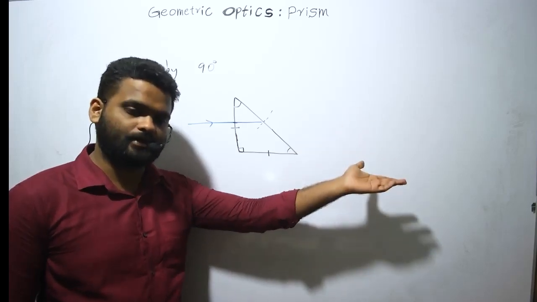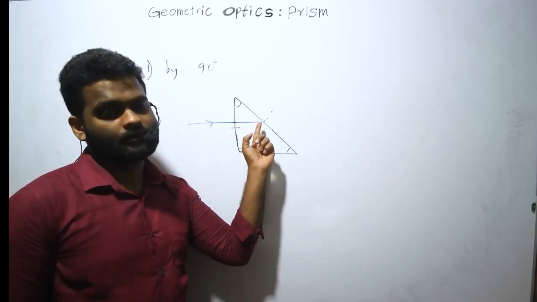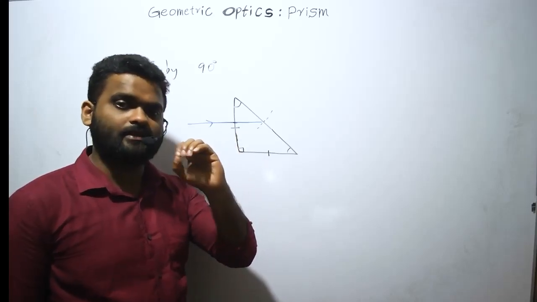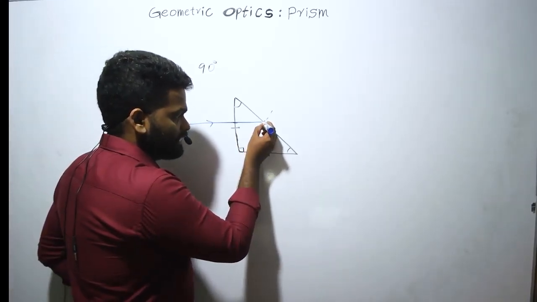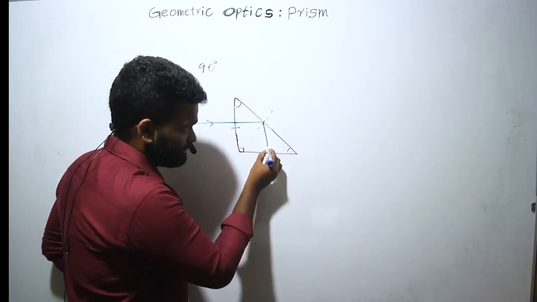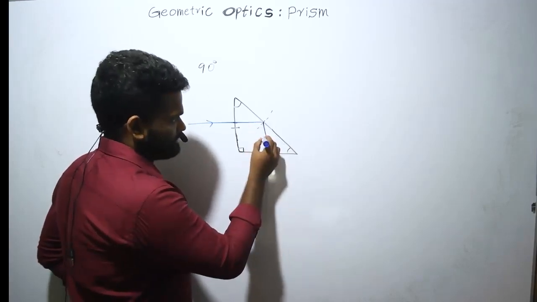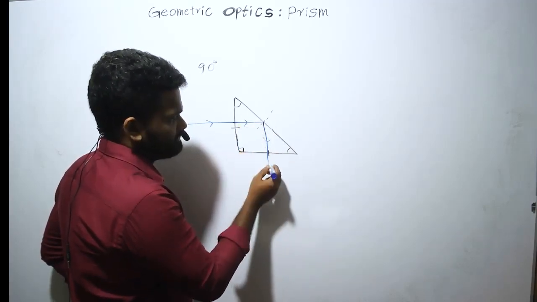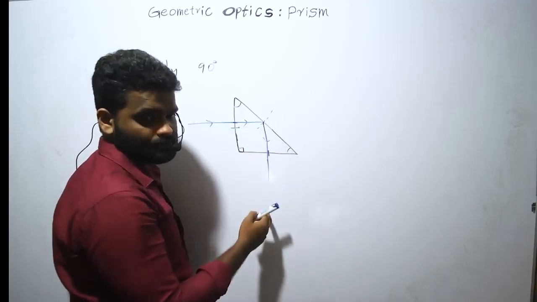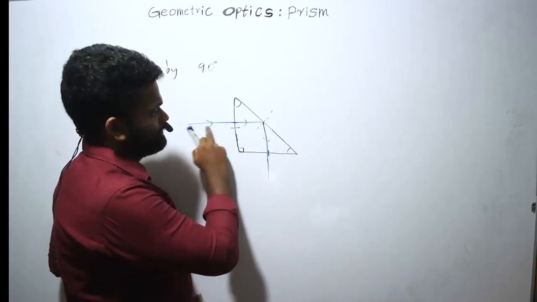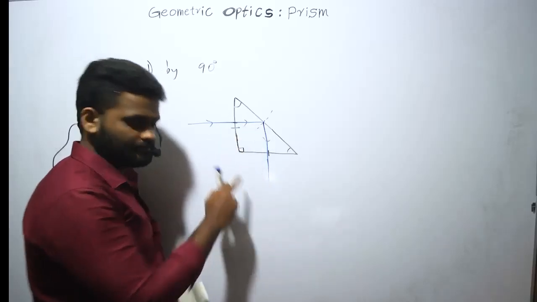Critical angle is 42, and this is 45. So definitely there's going to be total internal reflection. So 100% of the ray gets reflected. So you can see a 90-degree deviation. So this is the first case.